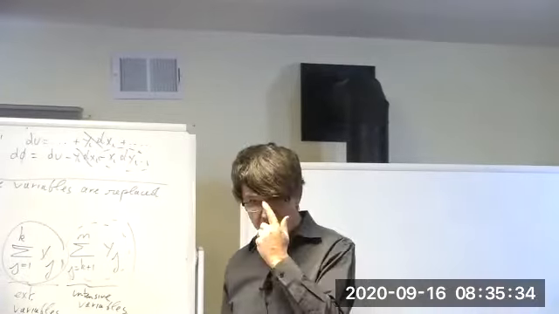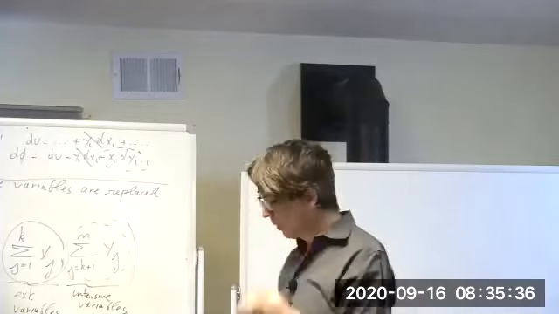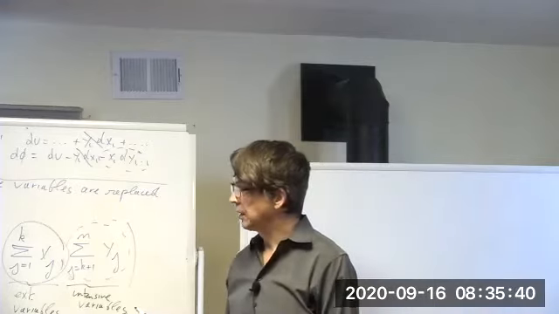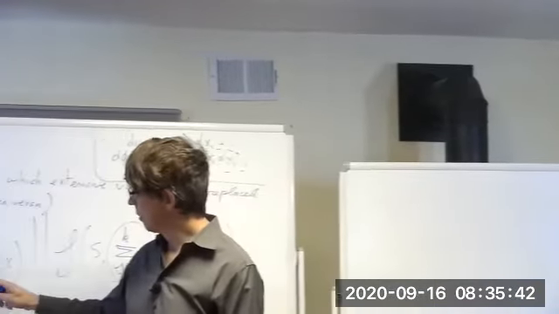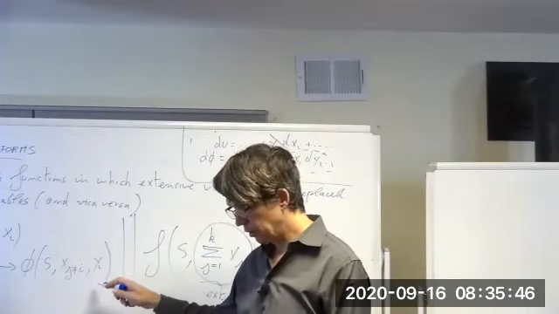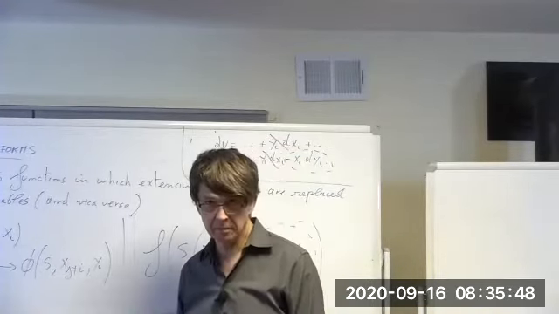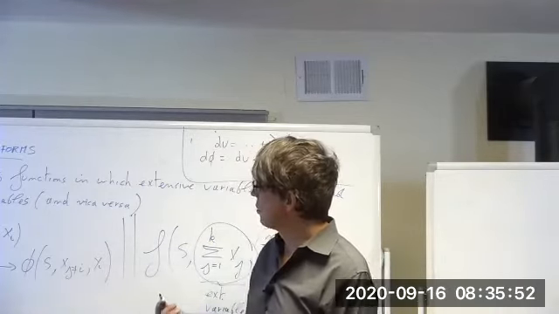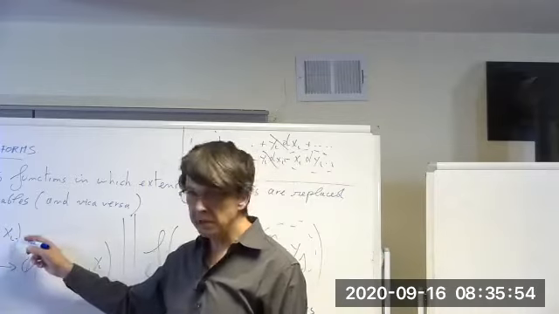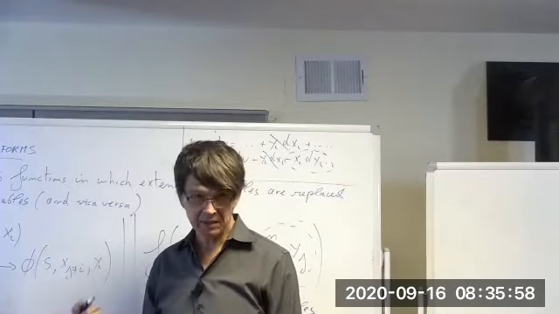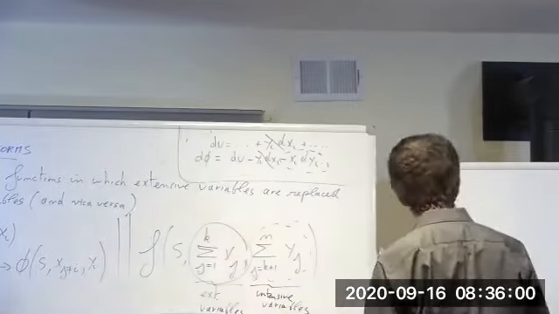So why do we do Legendre transforms? Because if all you care about is doing the substitution from extensive to intensive variables, you could do that a lot easier, right? If all I want to do is change u as a function of, say, s and v, if I just want to go to t and p, that's actually a lot easier. Let me show you how you would do that.